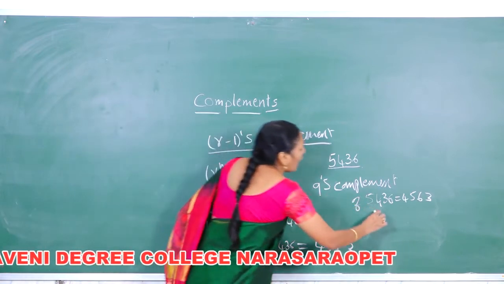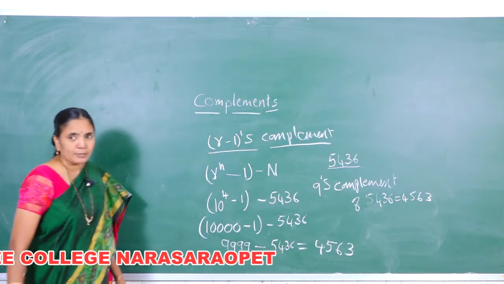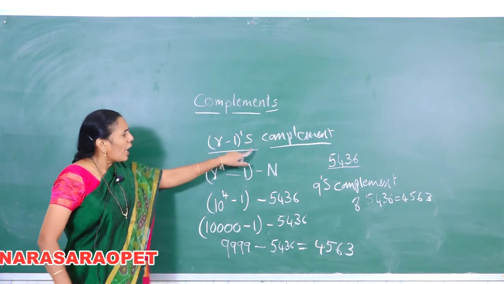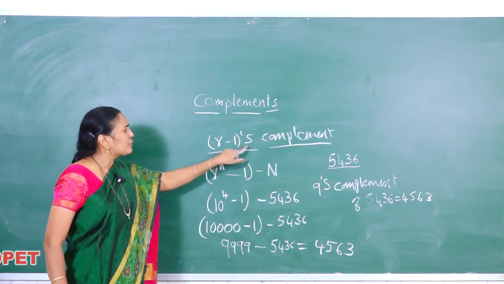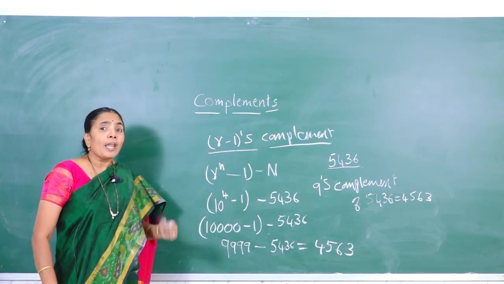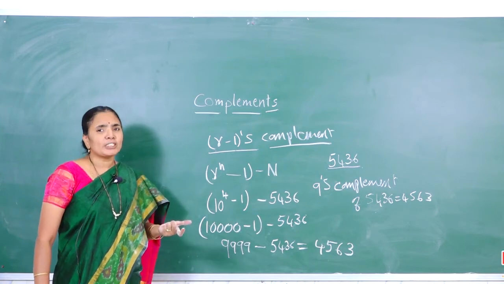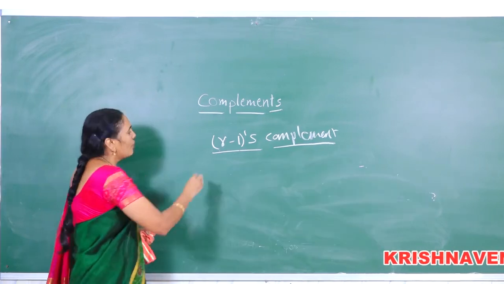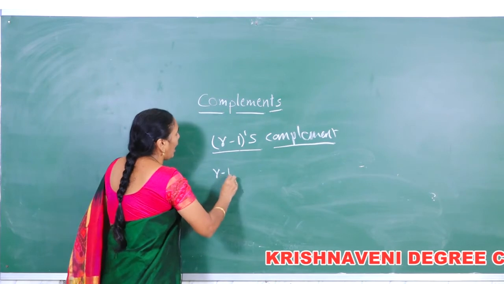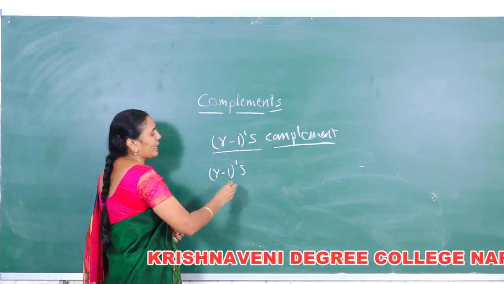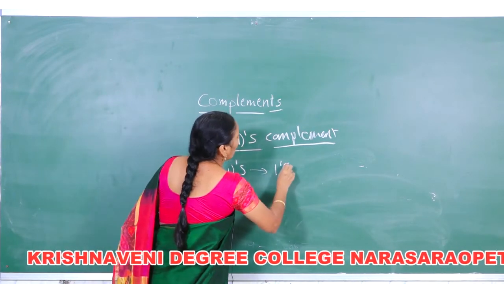So, this is the r minus 1's complement. I have calculated the r minus 1's complement for a decimal number. Now, apply the same procedure for the binary number system. For the binary number system, the r minus 1 complement is nothing but the 1's complement.